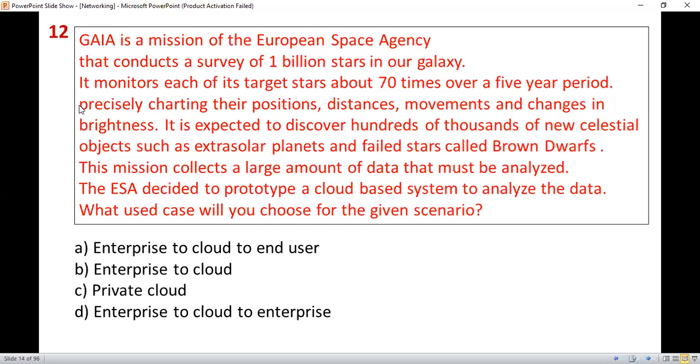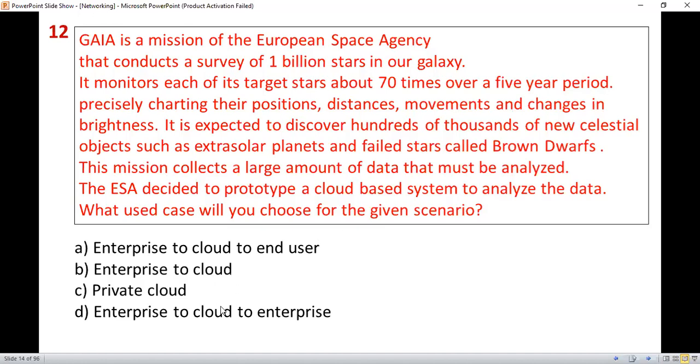It is expected to discover hundreds of thousands of new celestial objects such as extrasolar planets and failed stars called brown dwarfs. The mission collects a large amount of data that must be analyzed, and the ESA decides to prototype a cloud-based system to analyze the data. What use case will you choose for the given scenario?